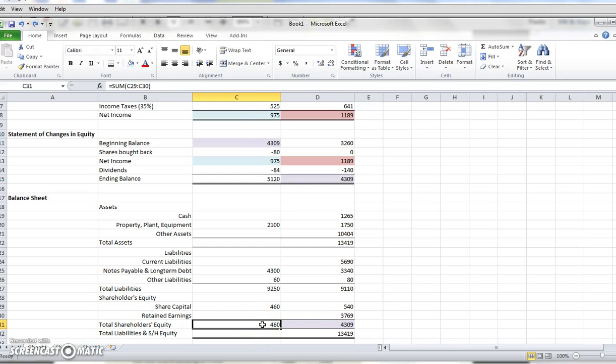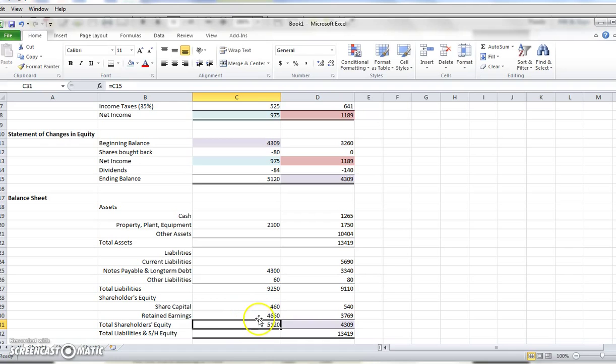So let's just make it easy. This amount has to be that. So what is the retained earnings? The retained earnings is your total shareholders' equity subtract the share capital of 460.